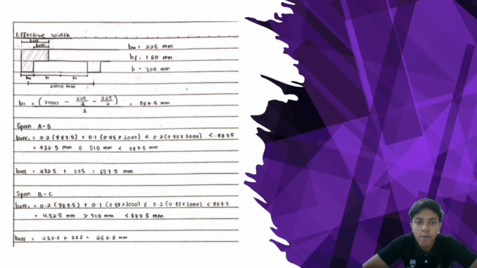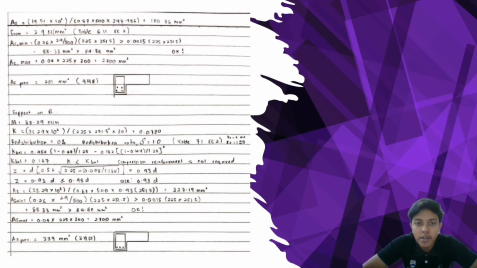Next, for the main reinforcement, because this beam is located on the first floor, we consider this beam as a flanged beam. We got the same value of effective depth for span AB and span BC, which is 251.5 mm. After we calculate, the area of tension reinforcement for span AB and BC is 180.86 millimeter square.